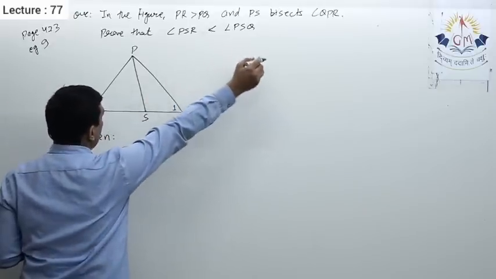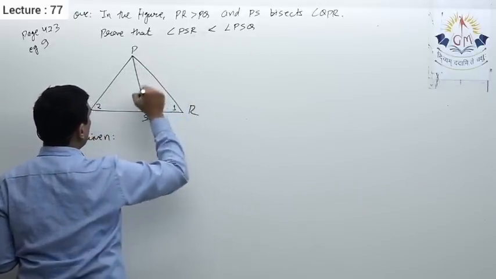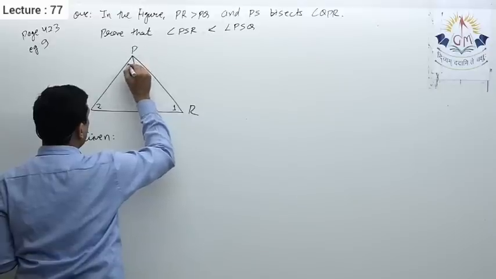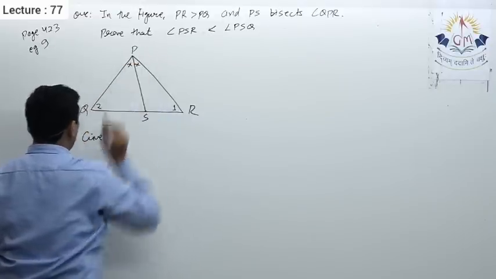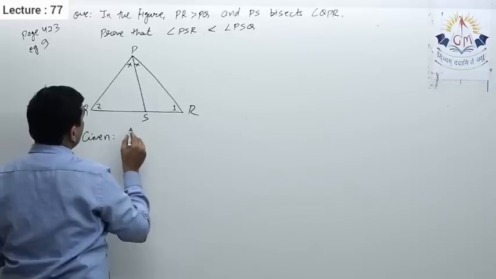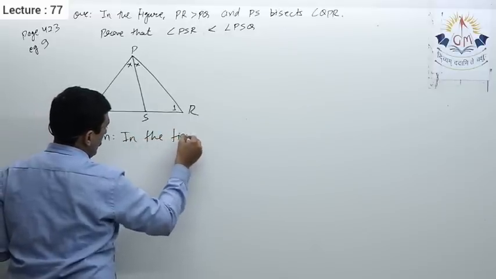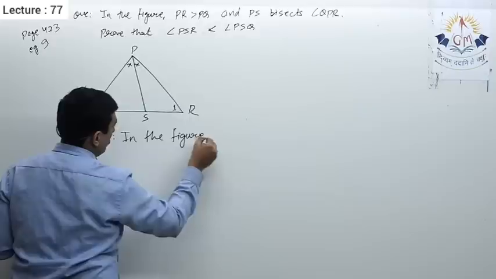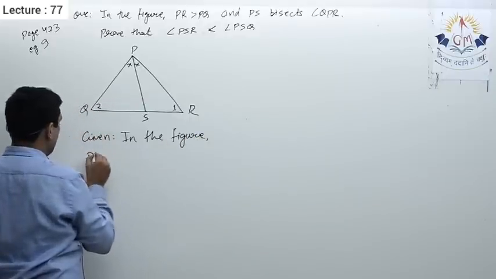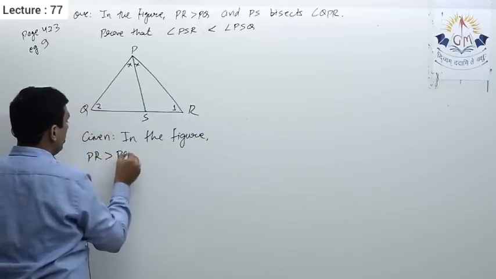Now it is given PS is the bisector of angle QPR. So I can say these two angles are equal, X and X, for a while. So given in the figure, PR is greater than PQ.